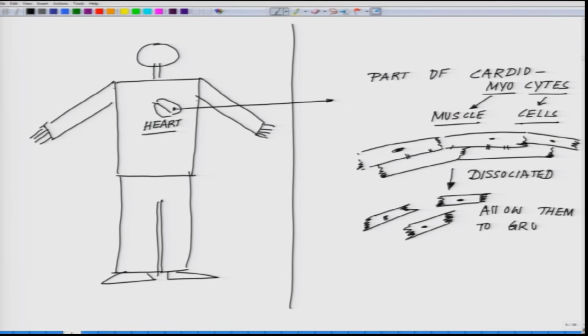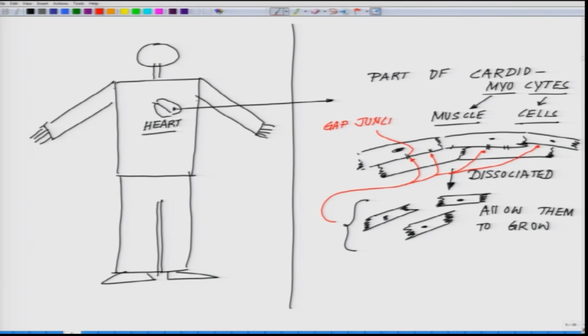Once I allow them to grow outside the system, what do I expect from them? The first thing I expect from them is to regain this tissue level cytoarchitecture. When I talk about tissue level cytoarchitecture, they should develop these specialized structures called gap junctions.